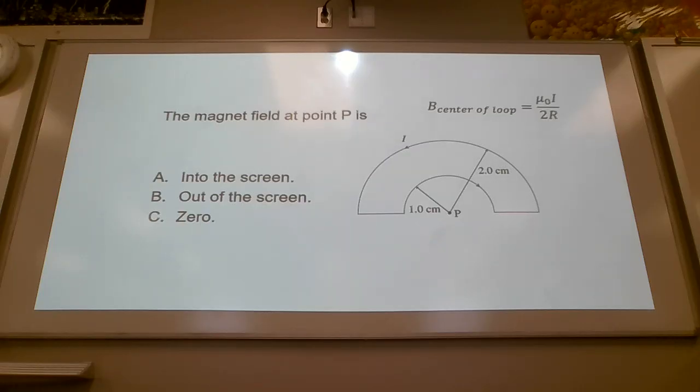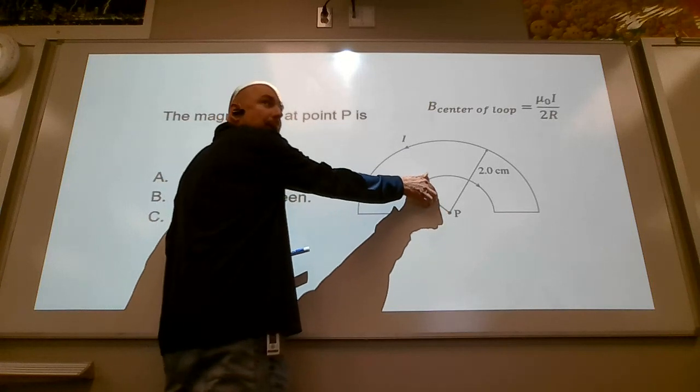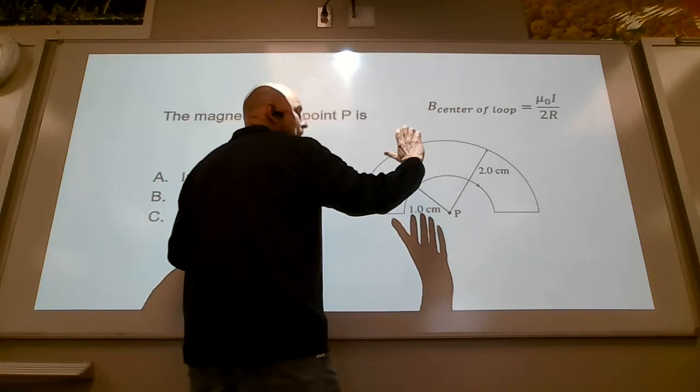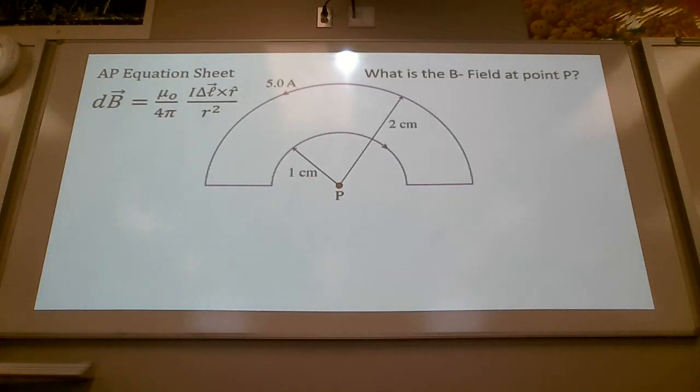Tell your neighbor. What they do. It's have two fields. Okay, is everybody good with A? This one's closer. Has a stronger magnetic field than this one coming out of the page. They're in opposition. Okay. So, what is the magnetic field at point P? This scenario, this magnitude of it.